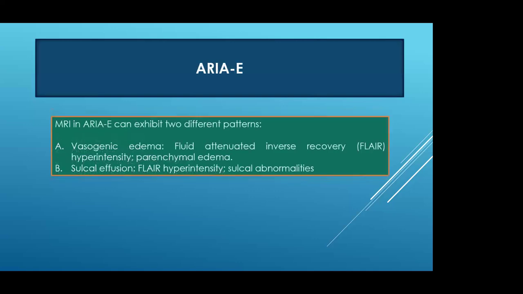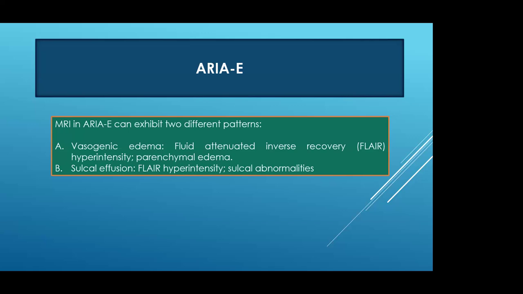A little bit about ARIA-E specifically. We already know that it can exhibit 2 different patterns. The first one is what we know as vasogenic edema, and this is FLAIR hyperintensity, right? So it's due to parenchymal edema, and this parenchymal edema is essentially protein leaking into the parenchyma itself and the interstitial fluid compartment. But you can also have sulcal effusion, in which you're going to have also some FLAIR hyperintensity with essentially sulcal abnormalities.